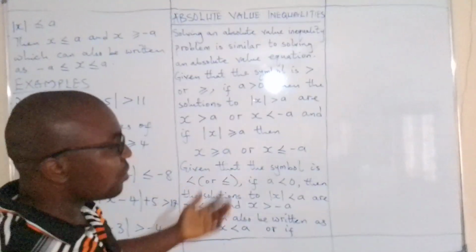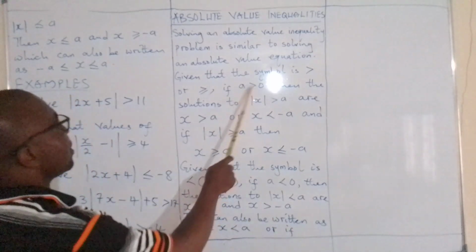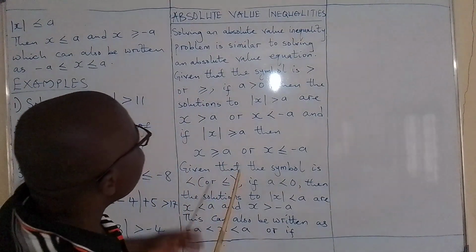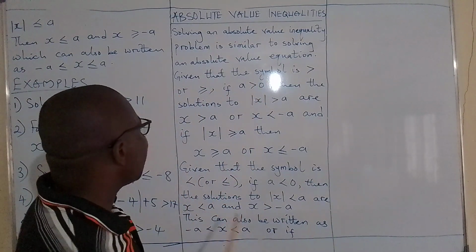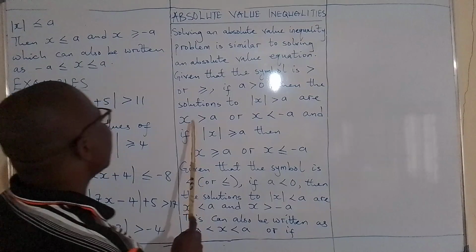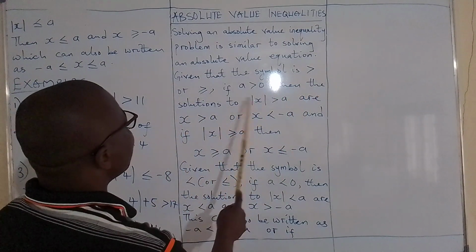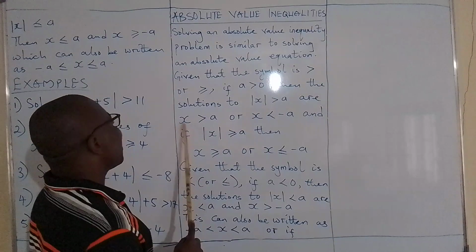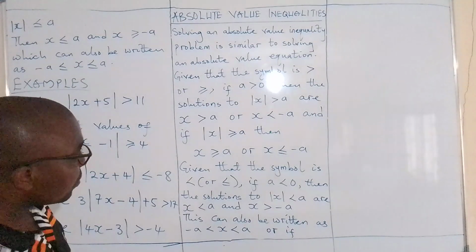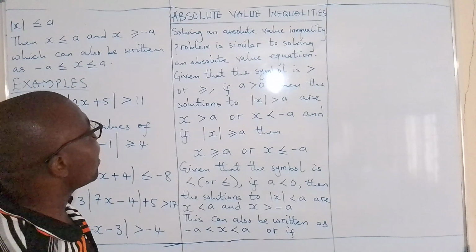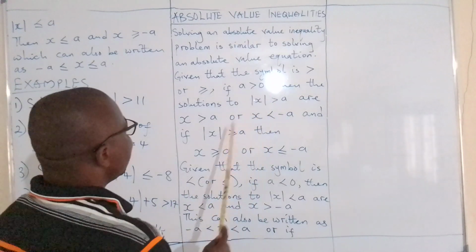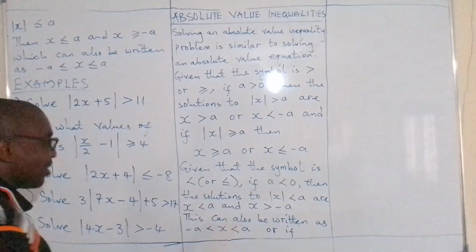Given that the symbol is greater than, if A is greater than 0, then the solution to the absolute value of X is greater than A is X is greater than A, or X is less than minus A. What that simply means is that when you are solving an absolute value inequality and you have a greater than sign, the answer will be "or", and not "and".